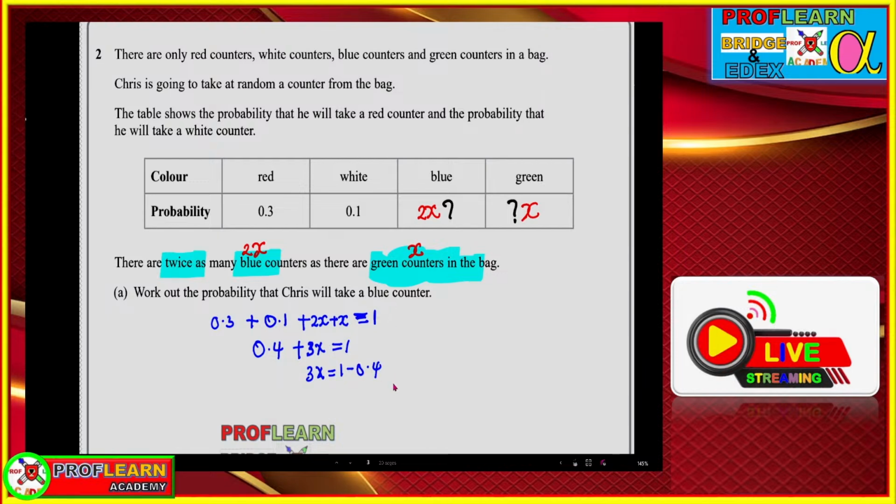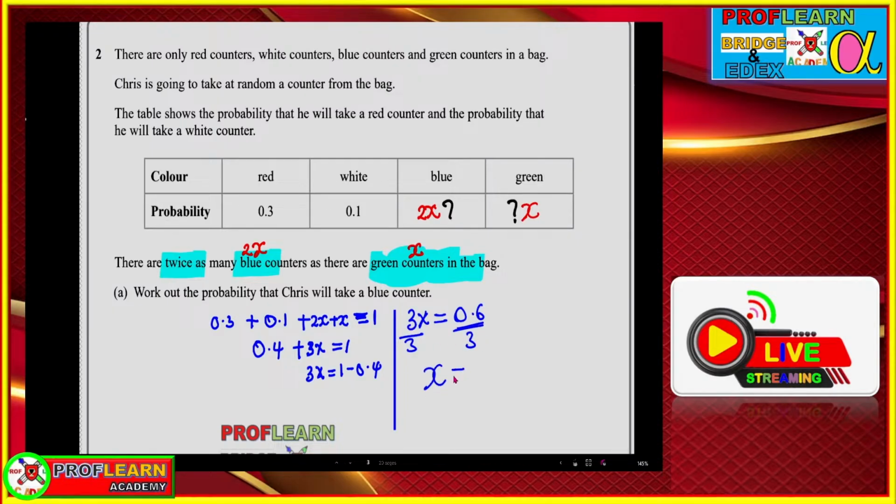And then you can see whatever value we shall have after subtracting. Upon subtracting, we're going to remain with 3x equals 0.6. And if you divide by 3, you divide by 3.